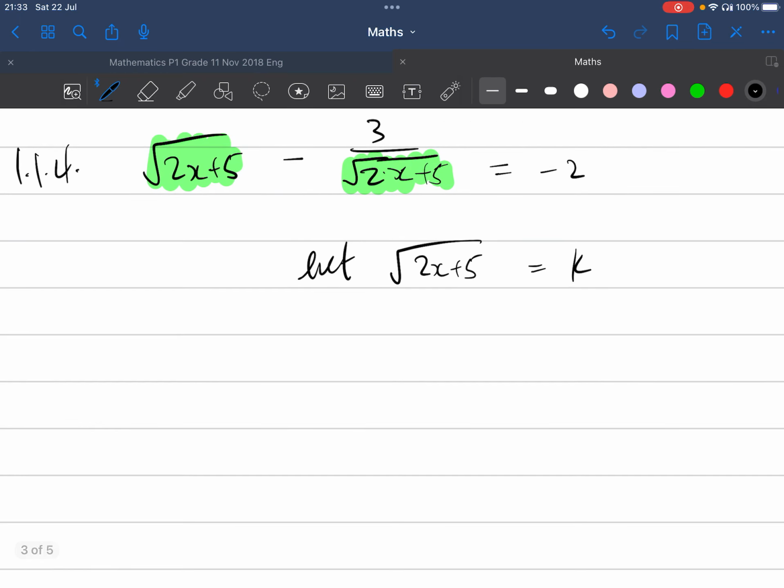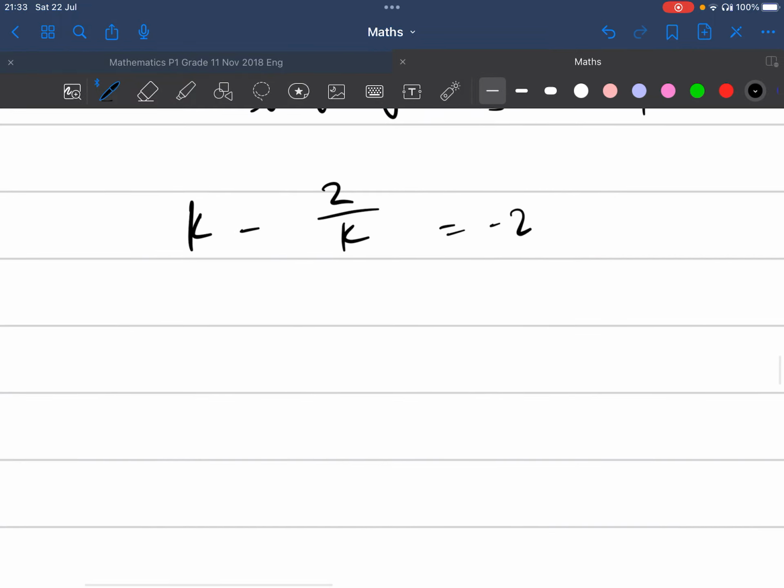So now we're going to rewrite this expression on top here, but in place of root of 2x plus 5, we're going to say k. So k minus 3 over k equals minus 2. Now we can just solve for this as if we were solving for k. So let's get rid of this denominator by multiplying through by k.